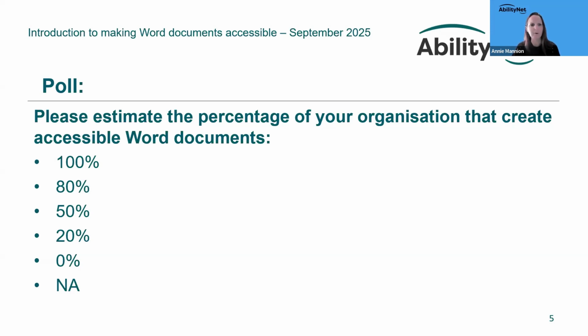Okay, I'm going to end the poll now, and sharing the results, we can see that 41% of you have said 20% of your organisation create accessible Word documents. Then 30% say 50% create accessible Word documents. Then the next ones down are 80%, and that's 12% of you.